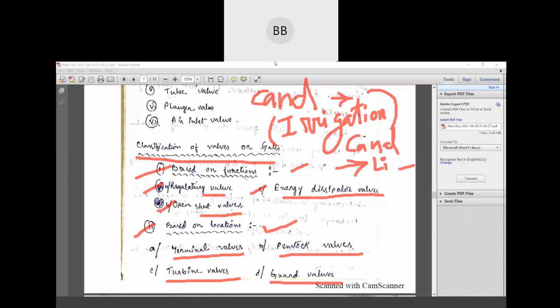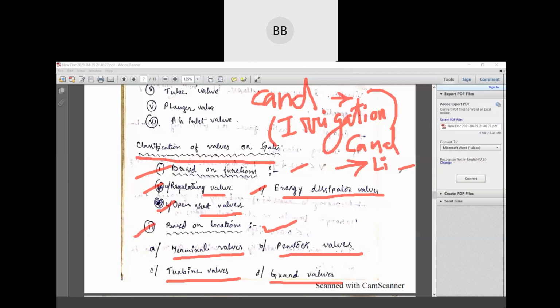These are the four things you have to study on your own, because you have already studied these in the previous semester. Lining of canal, maintenance of canal, loss of canal, and fourth one is classification. Clear? Yes, sir.